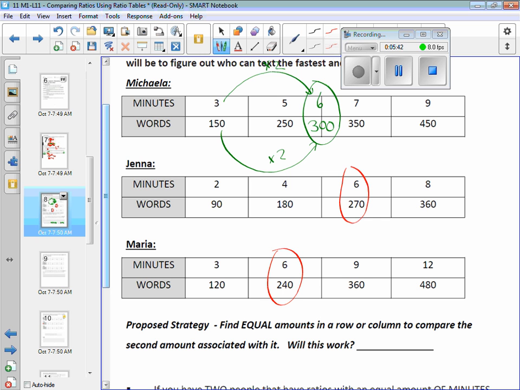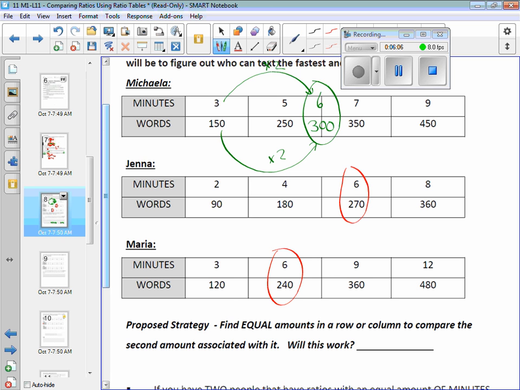My way was, so I looked at Michaela and Maria, and Michaela had more in 9 minutes than Maria. Okay. Then I looked at Maria again, and Maria got 360 in 9 minutes, and Jenna got 360 in 8 minutes. So that means Jenna was faster than Maria, and I know Michaela was faster. That's a neat way of doing it too.